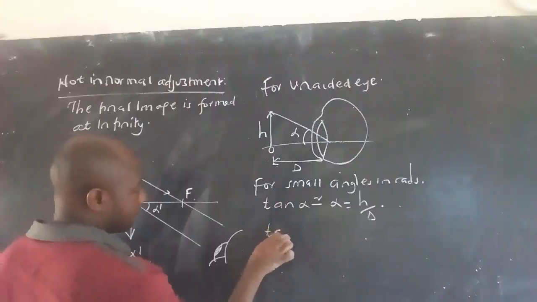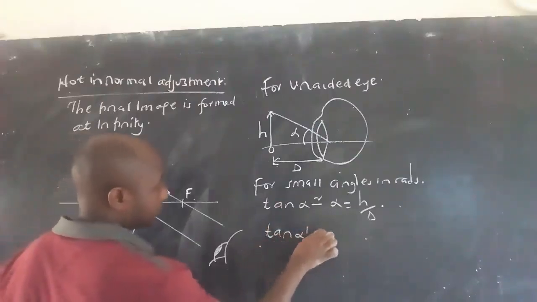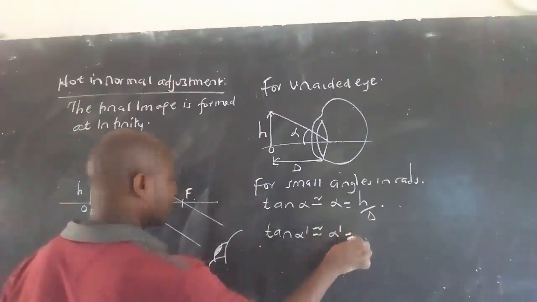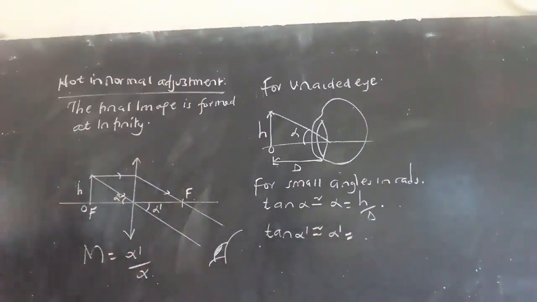Then tan of alpha prime. We normally use the triangles that your eyes can see.